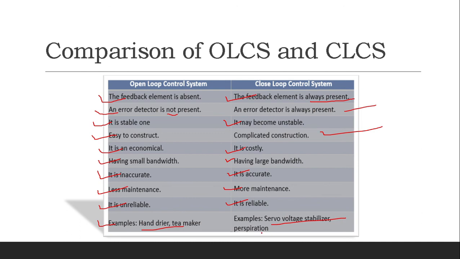So I think this is all about your first chapter, the introduction to control systems, and in the next chapter we are going to start the mathematical modeling of any physical system, whether it is a mechanical system, electrical system, pneumatic system or hydraulic system.